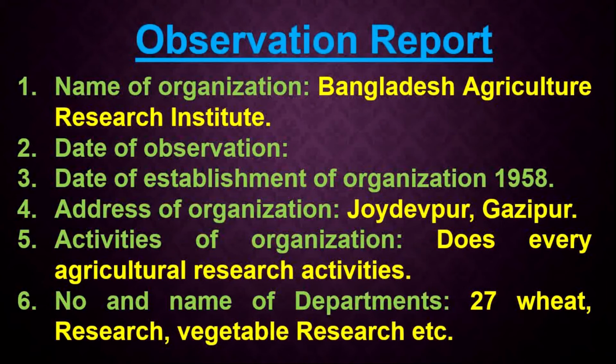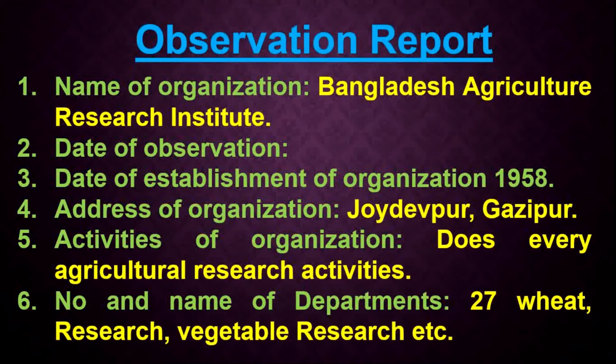Now the second part of this experiment is the observation report. You have to visit the Agriculture Research Institute, and finally you have to prepare an observation report. Some points are important for preparing the observation report.